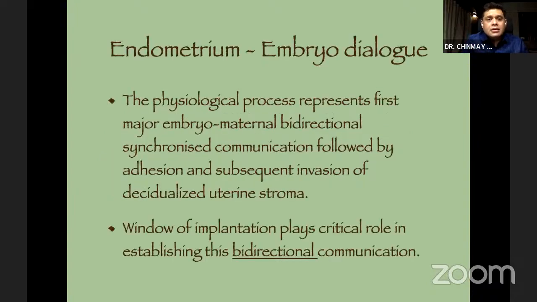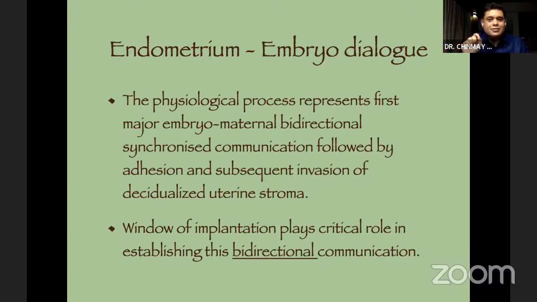Now, in this transfer, we have to understand that there is one party that is endometrium and another which is embryo. And there is a crosstalk in between them. The endometrium and embryo, they both speak to each other. This physiological process represents first embryo-maternal, bidirectional, synchronized communication followed by adhesion and subsequent invasion of decidualized uterine stroma.